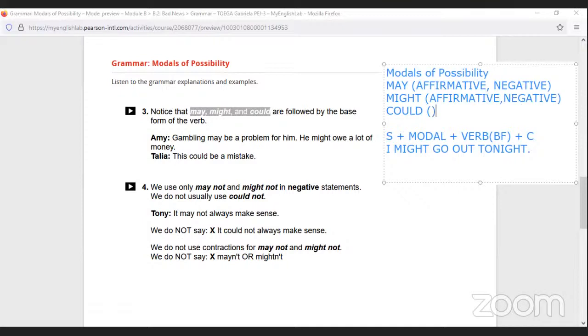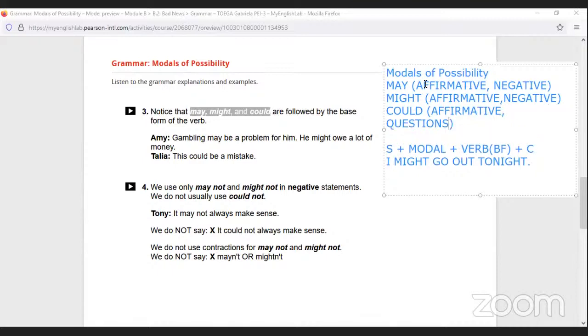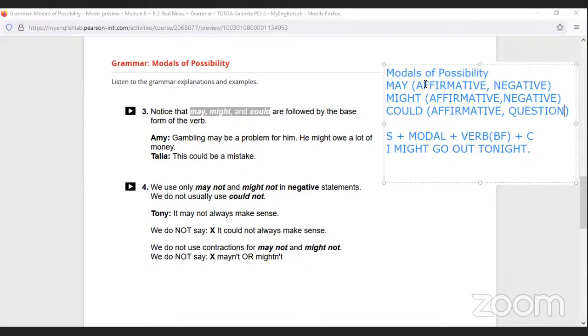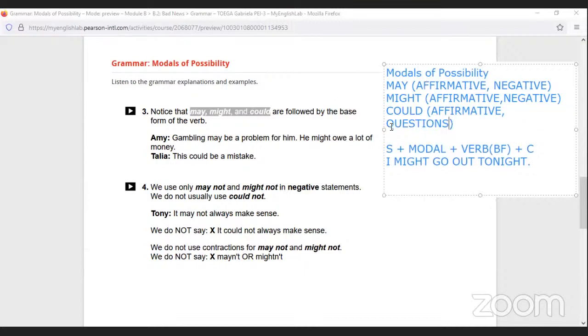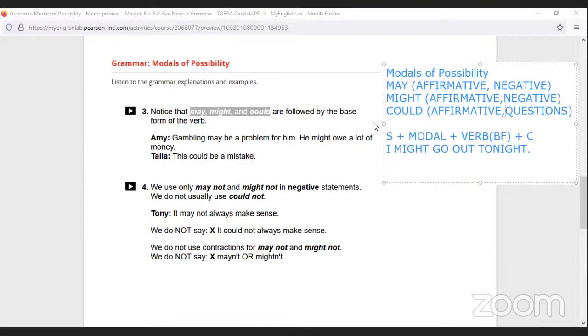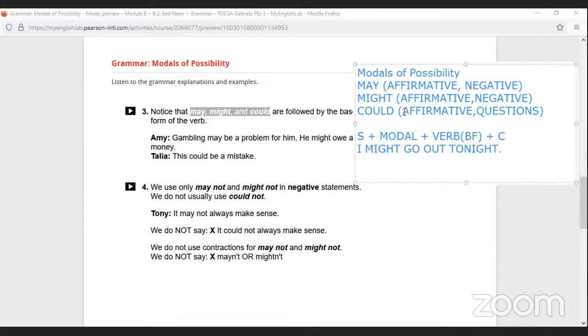And could, we could use for three, affirmative, negative and questions. But in most of the cases, we use could only for affirmatives and questions. Of course, we can use it with negatives, but when we talk about grammar, it's incorrect to use it with negative sentences, okay? So only with affirmatives and questions.